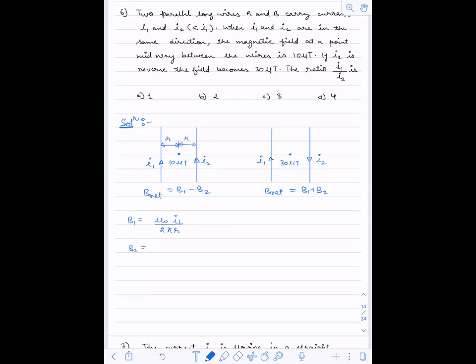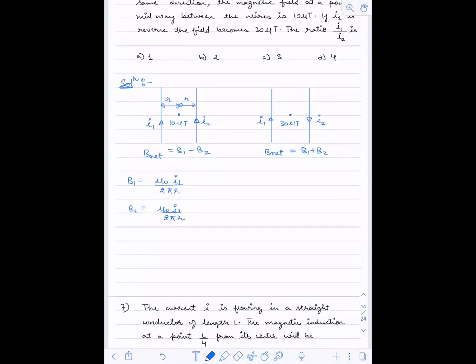Now for B2, we have mu naught I2 by 2 pi r. So B net is 10 microtesla, which equals mu naught by 2 pi r, taken constant and outside, times I1 minus I2.